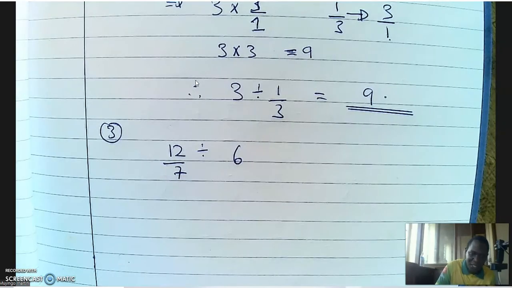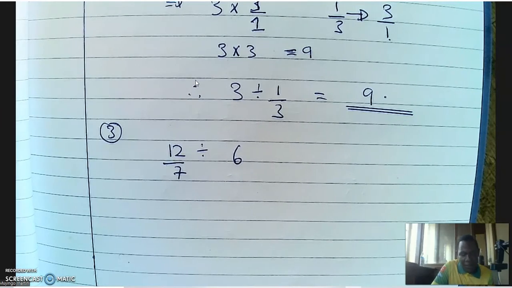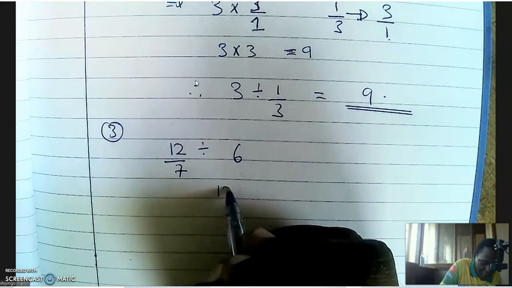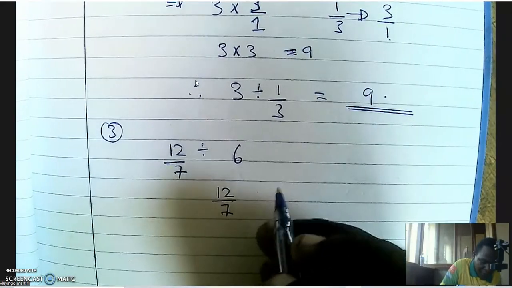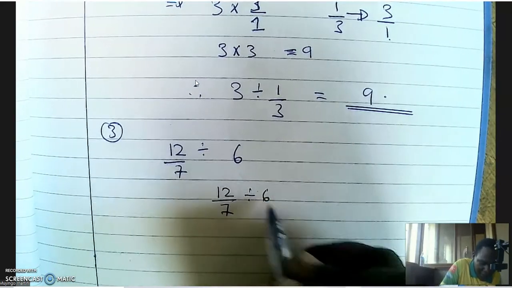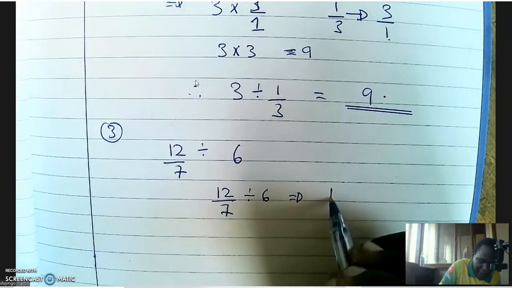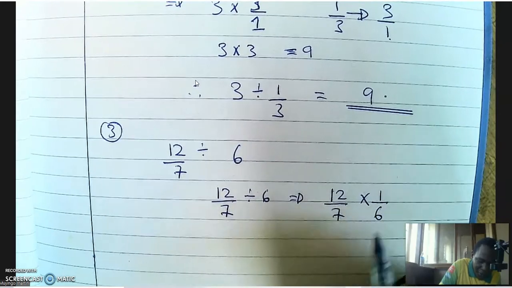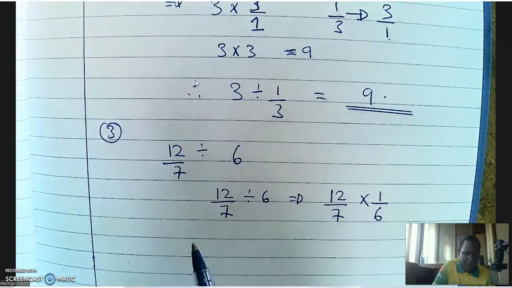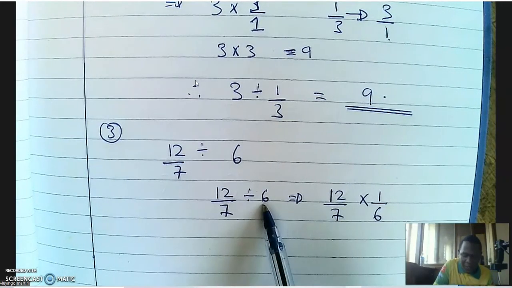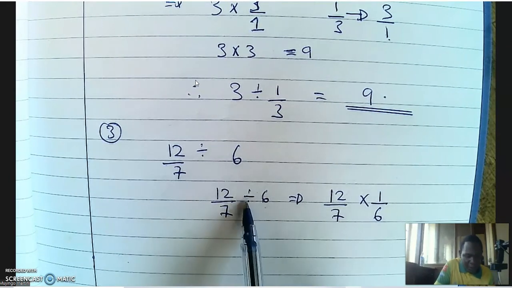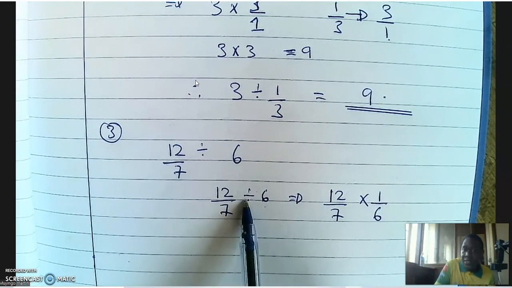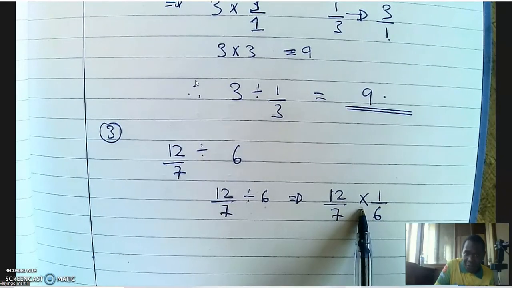We introduce our reciprocal method. Therefore, 12 out of 7 divided by 6 is the same as saying 12 out of 7 times 1 out of 6. I've introduced the reciprocal of 6, which is 1 out of 6, and also changed the sign from division to multiplication.